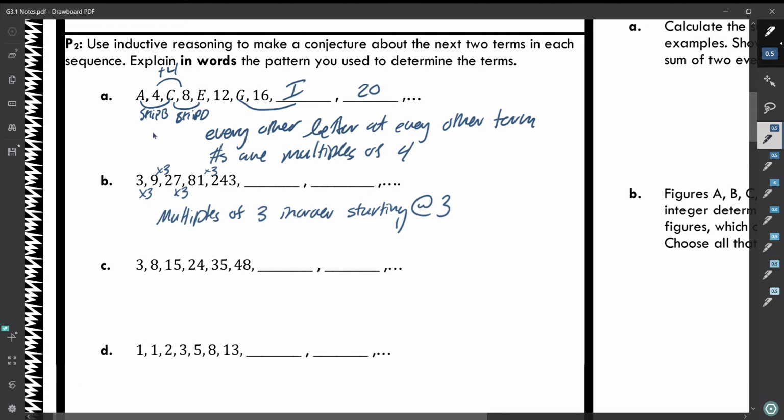Another way you could have written this is 3 to the nth power, where n is the term number. 3 to the 1 is 3, 3 squared is 9, 3 to the third power is 27, and so on. So now we look at 243, multiply that by 3, we get 729. Then we take this large number, multiply by 3 again, we get 2187. And it goes on forever like that.